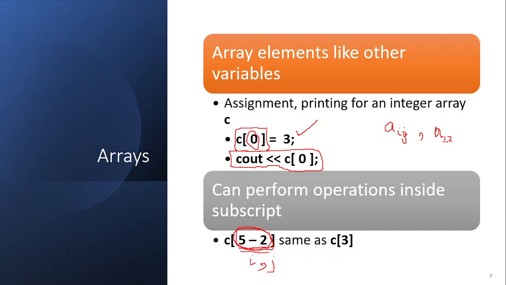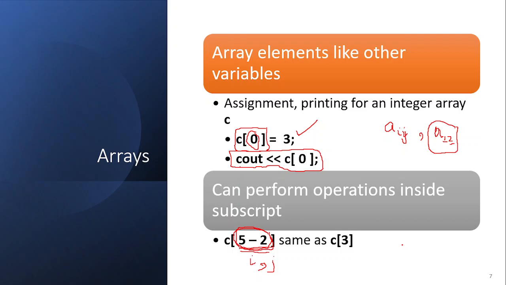Okay, so these are subscripts. These elements are multi-subscripted or multi-dimensional. They have two dimensions, rows and columns. Here we are talking about a single unidimensional vector or array, so it has a single subscript.